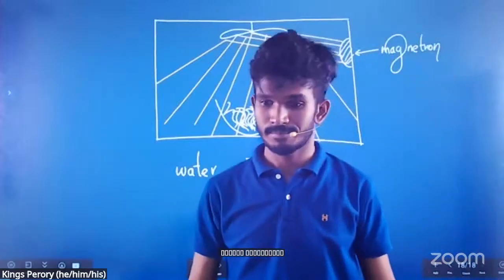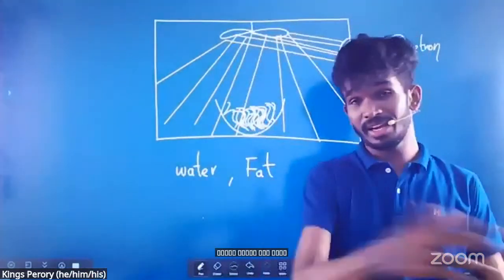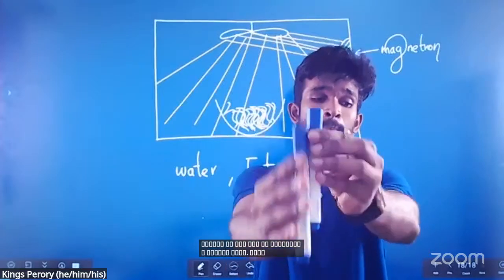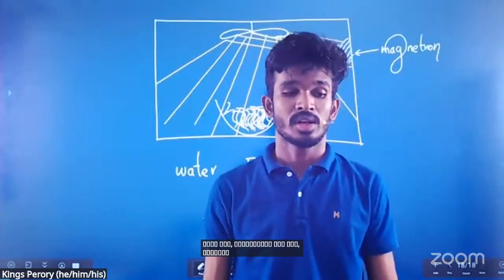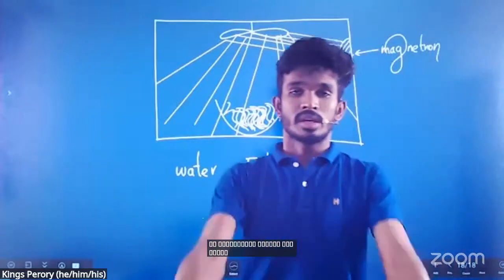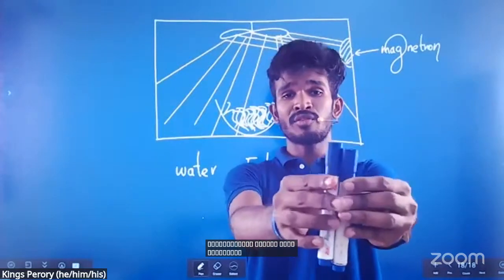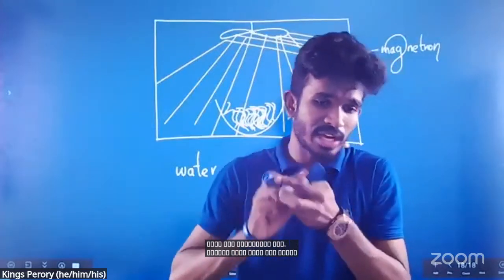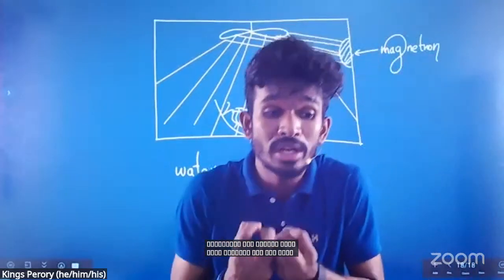Heat. That's the answer I wanted. When two things are rubbed like this continuously, heat is generated. So when microwave falls on water or oil, their vibrational kinetic energy will increase. Therefore, those molecules will rub against each other. When they rub against each other, heat will be generated. That is how food gets heated.